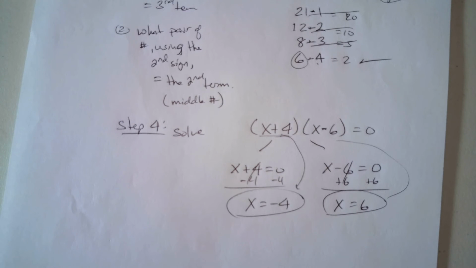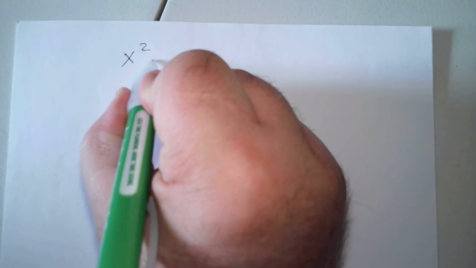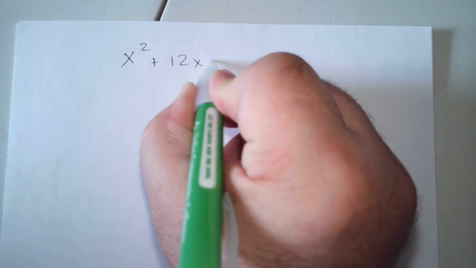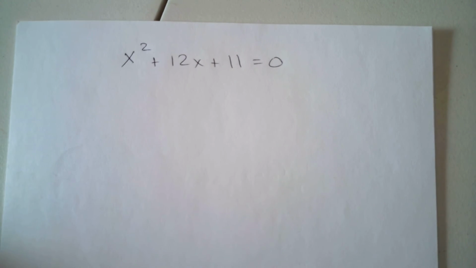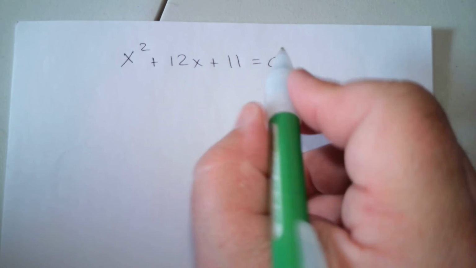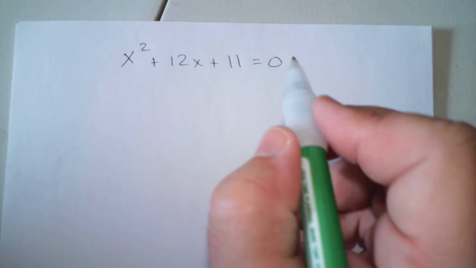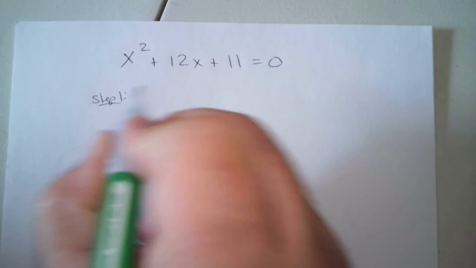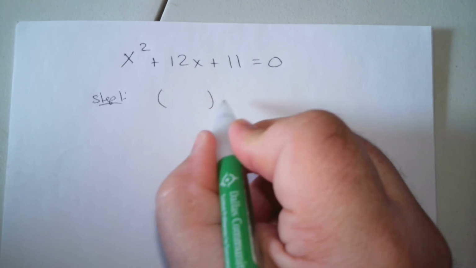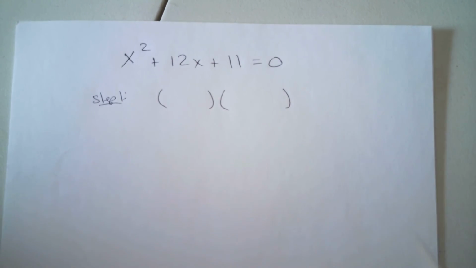Let's try another one. x squared plus 12x plus 11 equals 0. First up, it's equal to 0. Excellent. So, step 1. Do the parentheses.